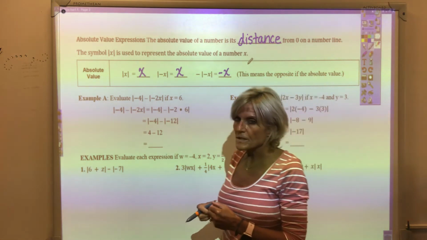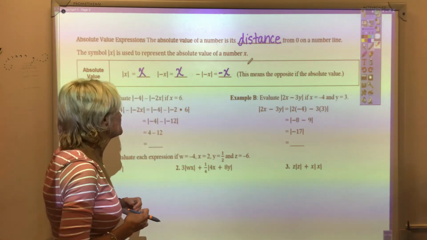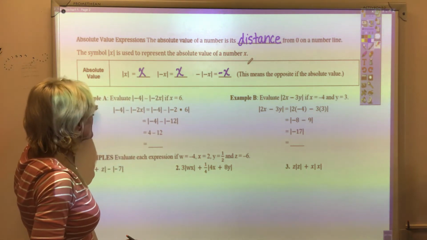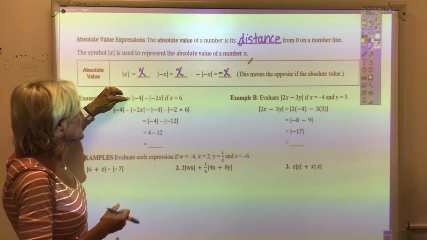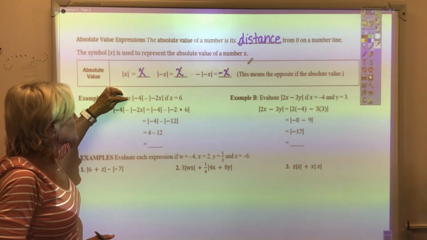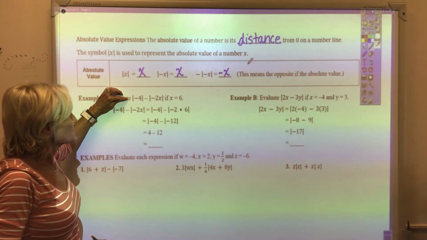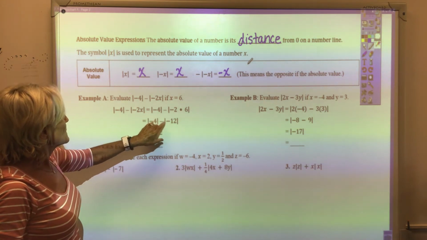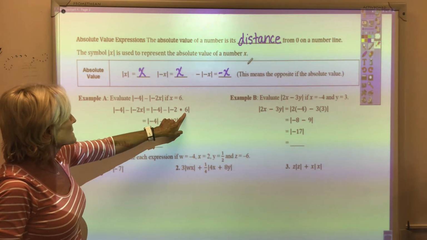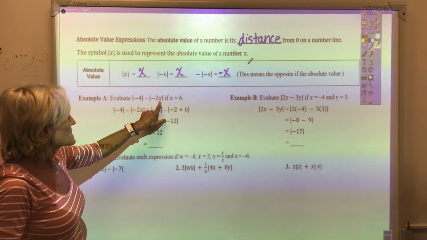So we're going to start with just looking at a couple of examples that are pretty well worked out for us. We're going to evaluate this expression, the absolute value of negative 4 minus the absolute value of negative 2x if x is 6. You can see that we're inserting a 6 right into the second part for x.